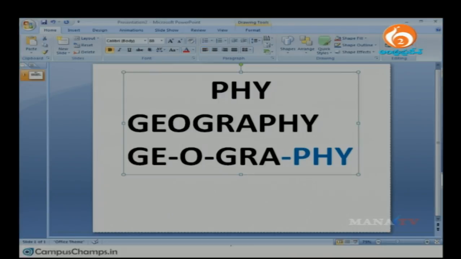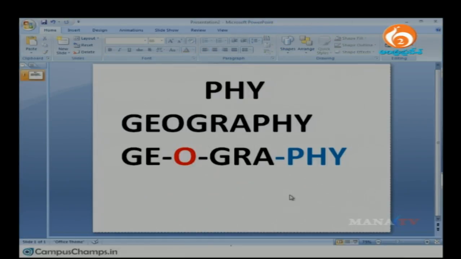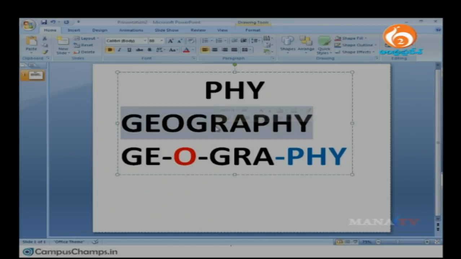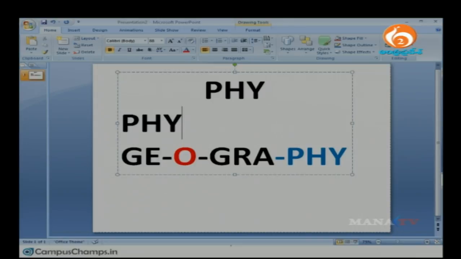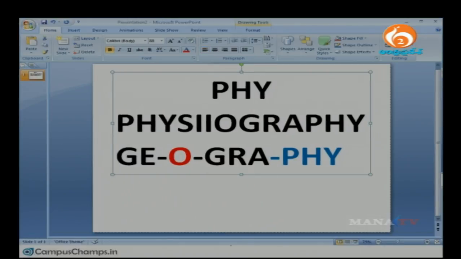Geography. Now this O will take the stress here because that's the antepenultimate. If I increase the number of syllables here, for example, physiography. So I'll pronounce this as physiography.